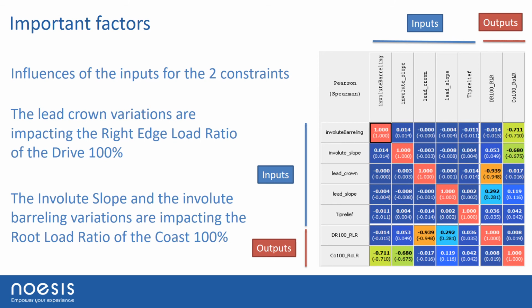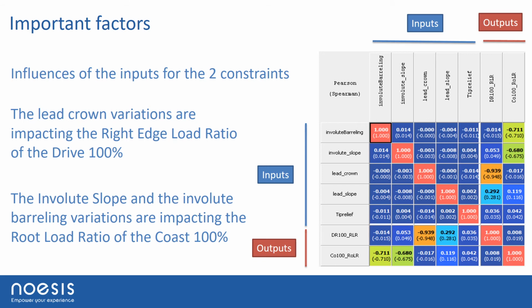And we see, for example, if we look at our 2 constraints, the involute barreling has a big effect on the coast 100% ratio, the involute slope also, but almost none on the drive at 100%. And the lead crown and the lead slope have a huge impact on the drive 100% ratio, and almost none on the coast 100%.